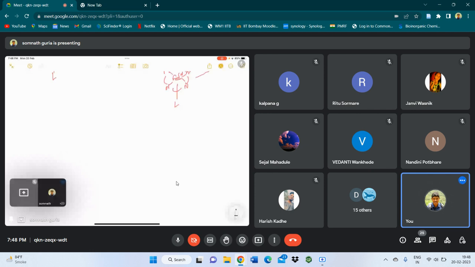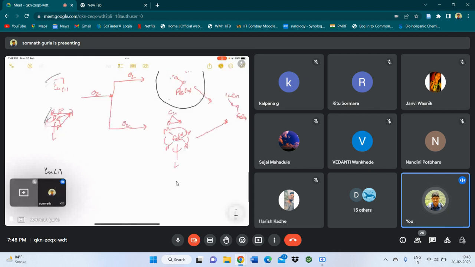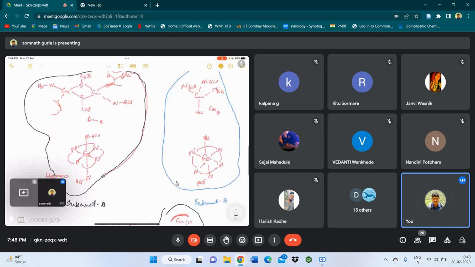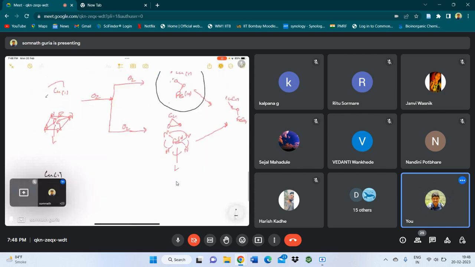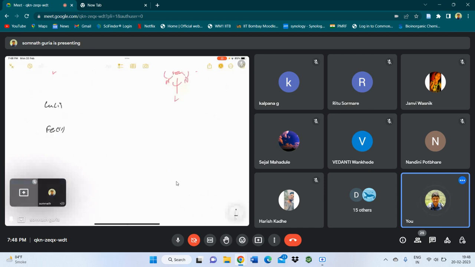Don't think about the ligand pair. Only subunit B is responsible for the reaction, and subunit A is responsible for the electron transfer. So starting from subunit B in the relaxed state, that means the copper 1 and the iron 2 center. It takes the oxygen.